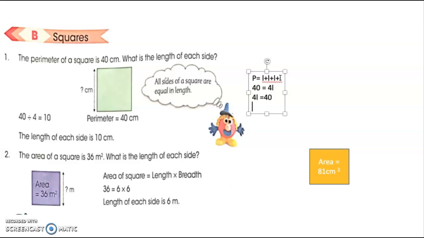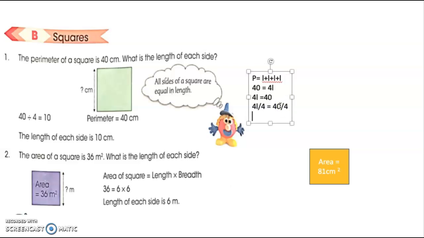Now L will be equal to how much? This is 40. If I want to get rid of 4 from here, I have to divide this side also by 4, and therefore I have to divide this side as well by 4.